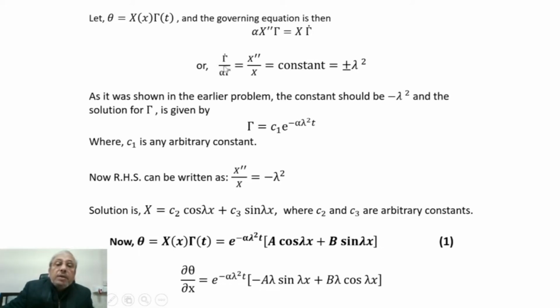So gamma dot divided by alpha gamma equals X double prime by X, and that is a constant, which can be plus or minus. The separation constant is given by lambda squared.